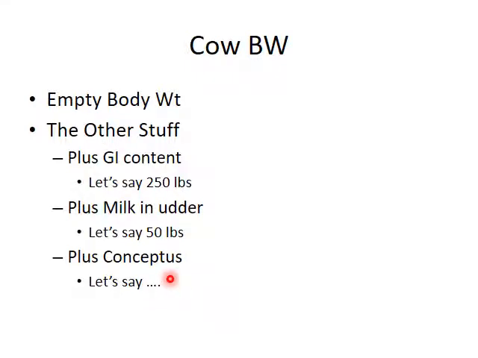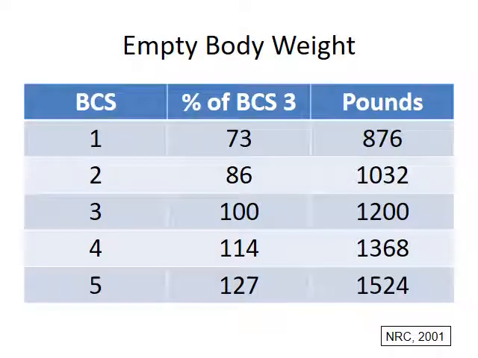Last 2 months of gestation, you've got significant uterus growth and significant fetus growth. So all that's going to add up. But we're going to focus on the empty body weight here. So think about empty body weight, condition score 3 animal.